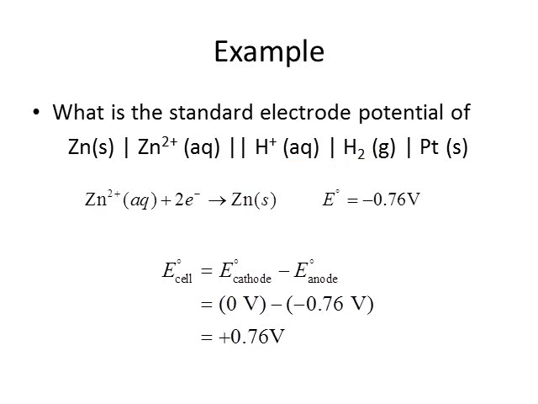So the standard hydrogen electrode, 0 volts, minus the anode, zinc going to Zn2 plus. I don't actually change the sign of this, I just put in minus 0.76 volts. So minus minus, I get the standard cell potential to be 0.76 volts.